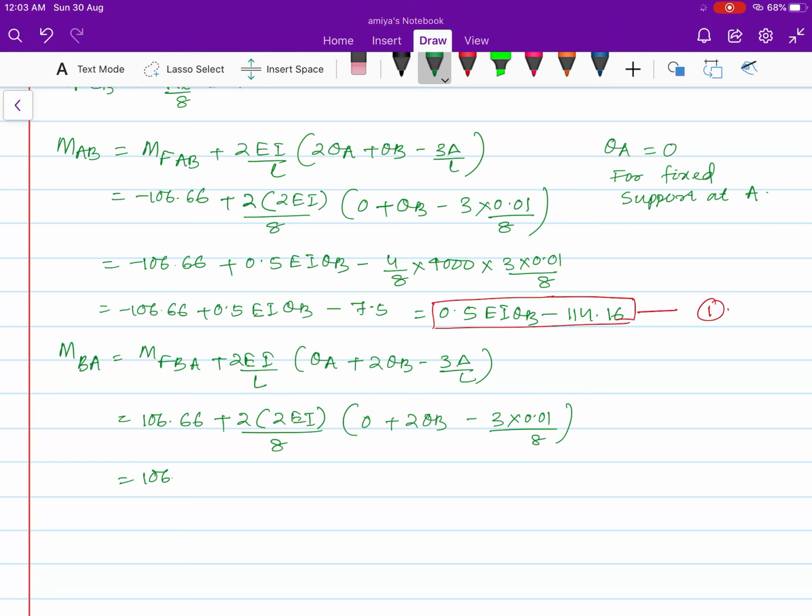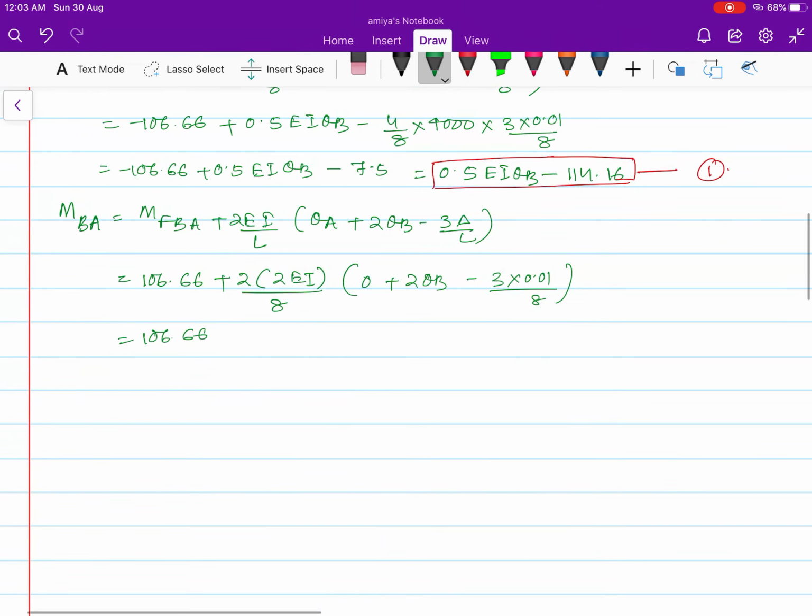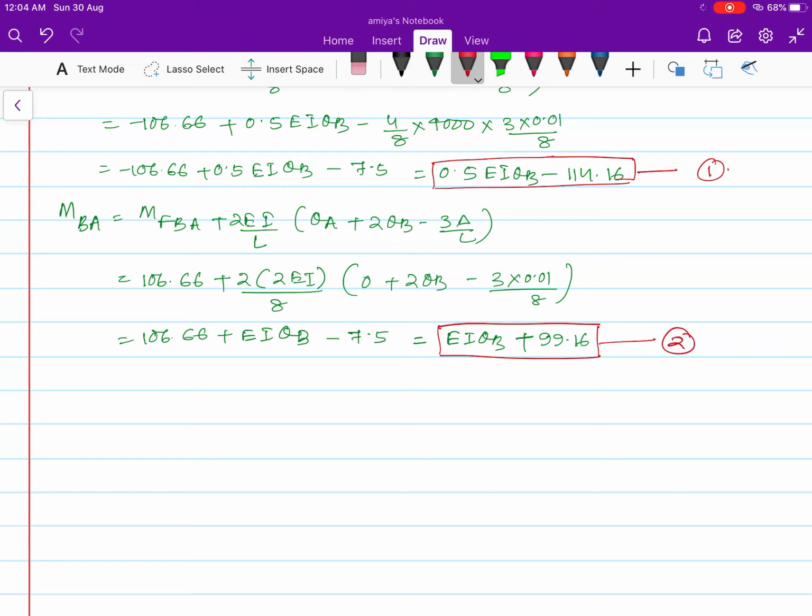So 106.66 now plus EI theta B minus 7.5. So this is EI theta B plus 106.66 minus 7.5, which is 99.16. So this we call equation 2, MBA.